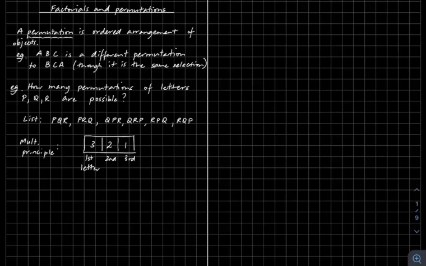And so using our multiplication principle, we can say 3 times 2 times 1, because remember, our multiplication principle is an AND situation, so there's 3 ways of choosing the first, and 2 ways of choosing the second, and 1 way of choosing the third letter. So 3 times 2 times 1 is equal to 6 permutations. Just put an abbreviated form there. Okay, 6 permutations.